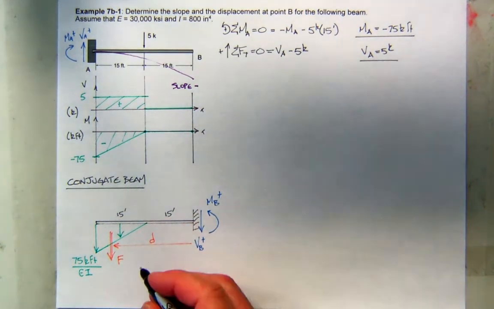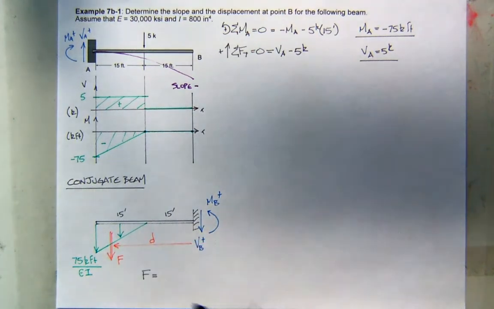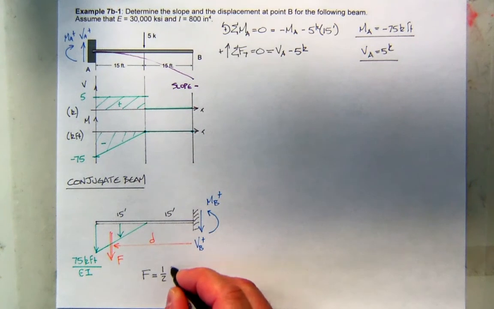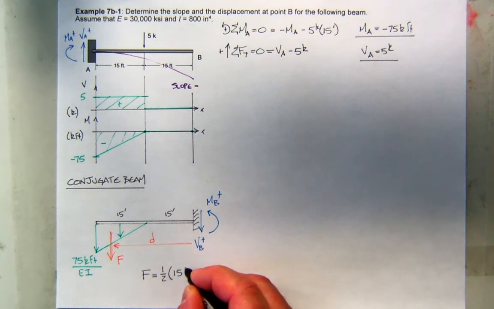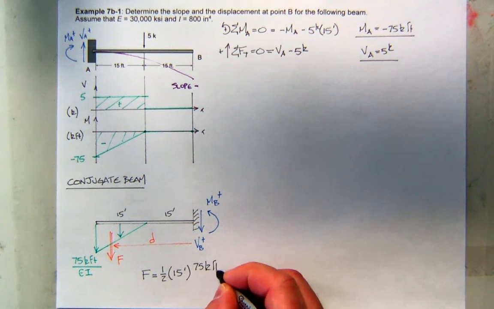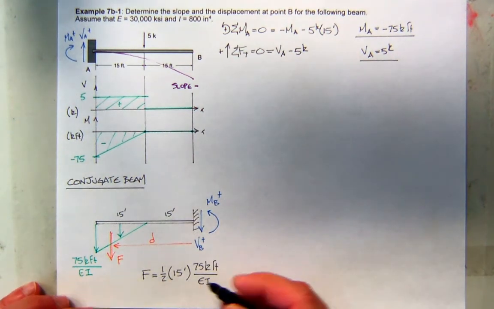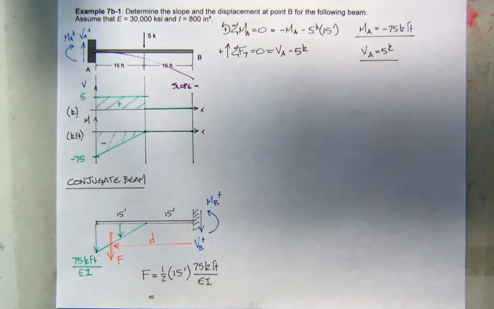So what is F? What is the area under this curve? It's a triangle, so it should be 1/2 the base, which is 15 feet, times the height, which is 75 kip feet, divided by EI. And what does that equal? That's not one I can do in my head.